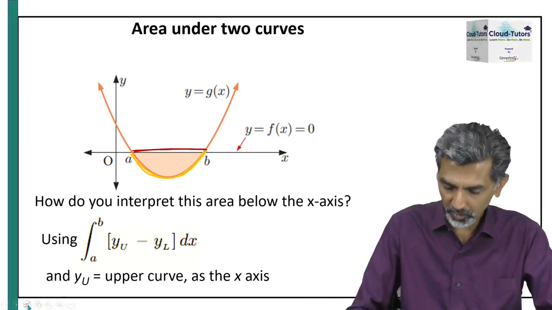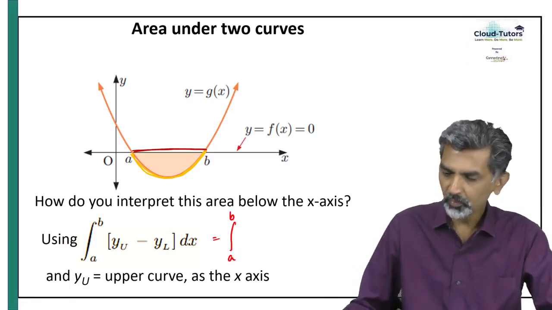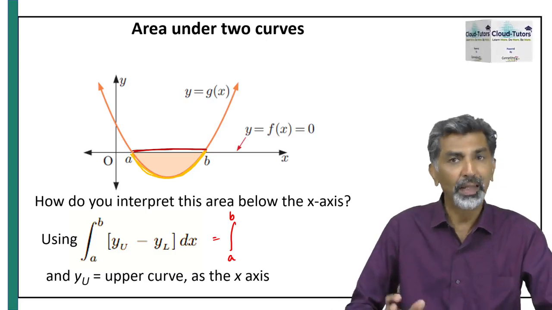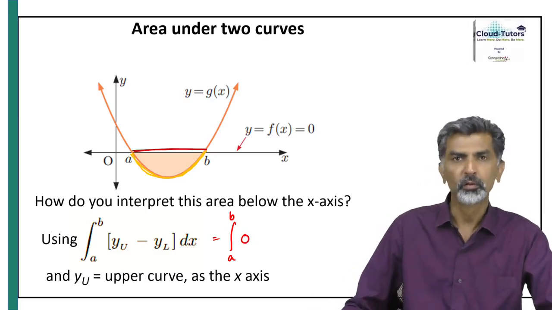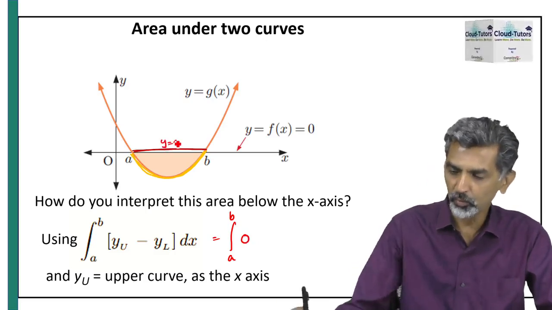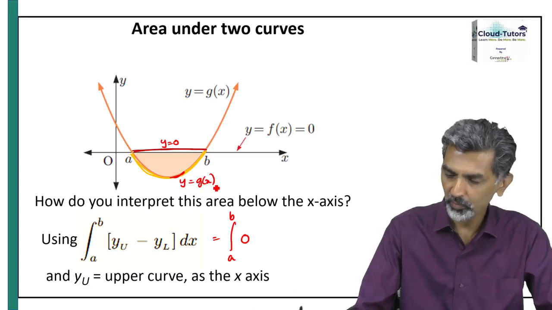So how would we write this integral? This would be going from a to b. The upper boundary is the x-axis itself, which is y is equal to 0, because this line here is y is equal to 0, and this line here is y is equal to g of x.